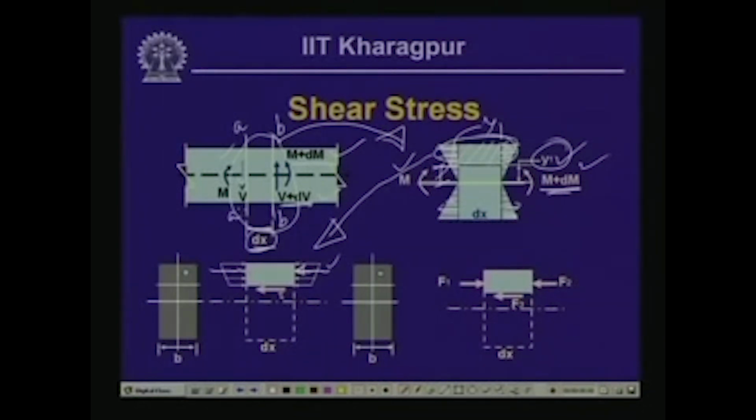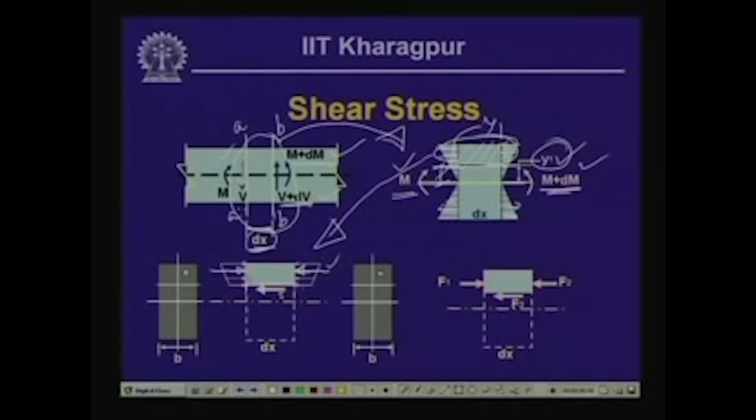On this side you have the normal stresses which is getting generated because of the bending moment M, and at this particular section or the cross section of this particular member, we will have a horizontal shear which is acting at this face. Now there are vertical shear on these faces which we are not accounting at the moment.